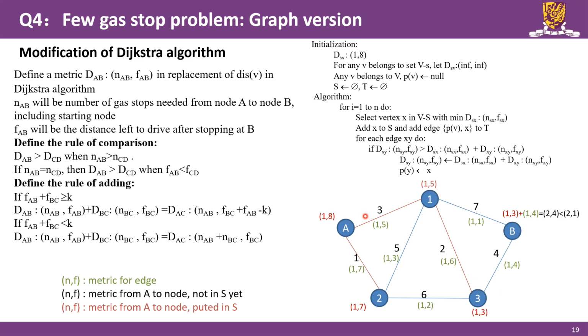So that is from A to 1 to 3, and (1, 3) plus (1, 4). This is equal to (2, 4). This is because 3 plus 4, according to this rule, is lower than 8.